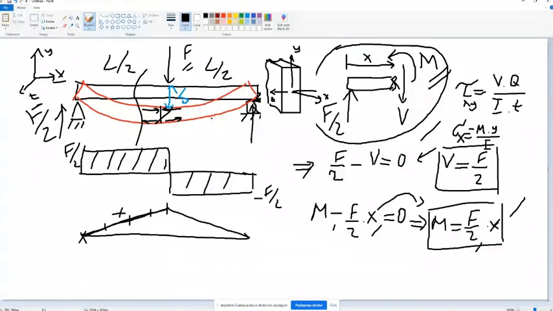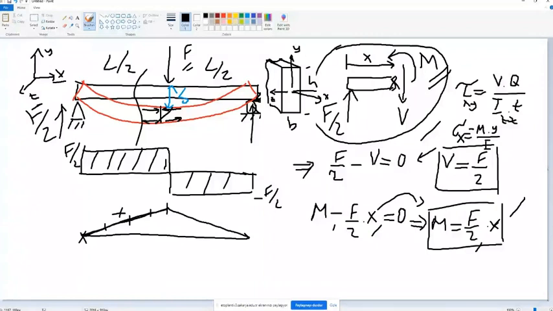These are the simplest solid mechanics approximations you have to remember. This one should be what? It should be ZZ or Z, because you are going to calculate the cross-sectional moment of inertia considering the Z direction.